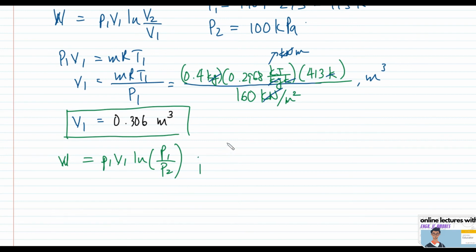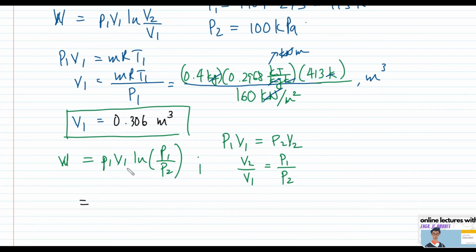That is from the relation P1 V1 is equal to P2 V2. If you solve for V2 over V1, it would be equal to P1 over P2. So that's why you can do the substitution.